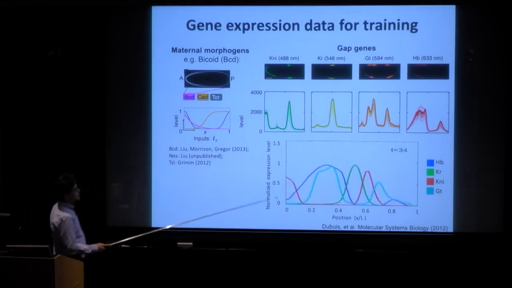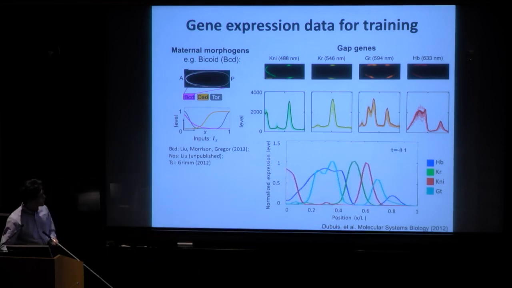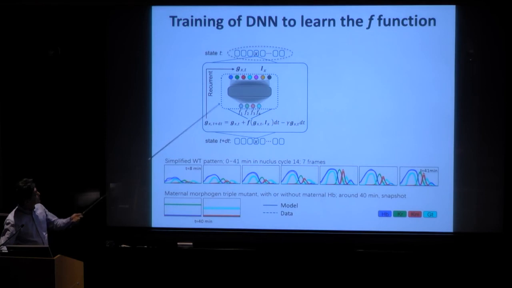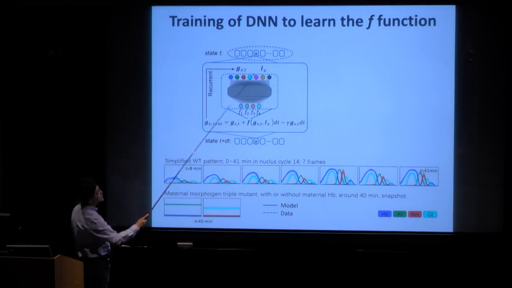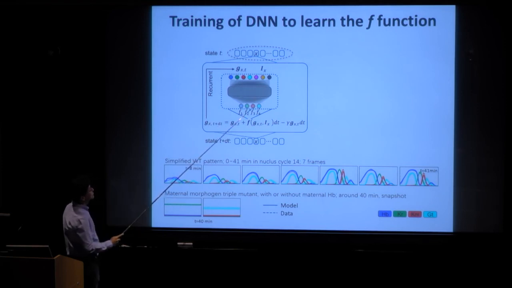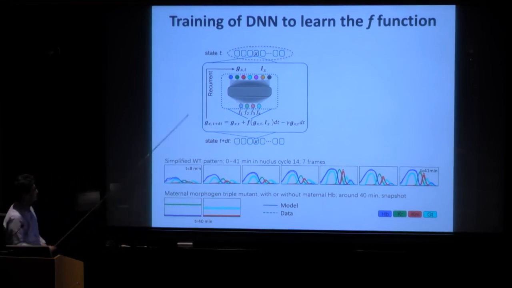So you have this dynamic data to train the network. It's a very similar idea, except here you have a spatial component. You have 4 gap genes instead of 2, and 3 inputs, and then you have a neural network in between. You iterate this.